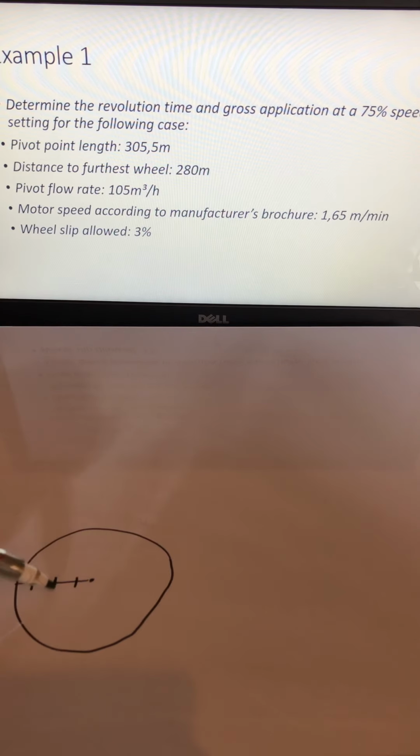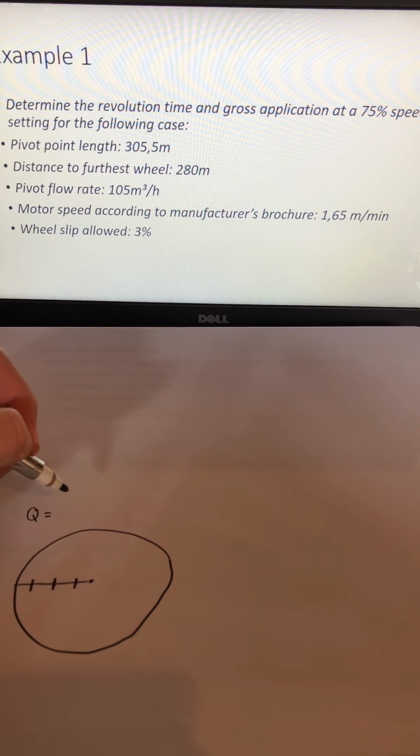So you've got your center pivot like this. This is your overhang, then that is the furthest wheel, which is 280 meters. Pivot flow rate, which is Q. So that is the rate at which water goes out of the center pivot for a sprinkler.